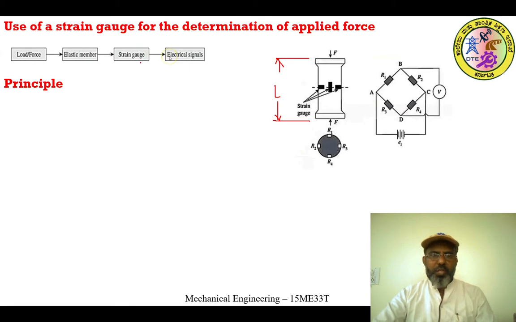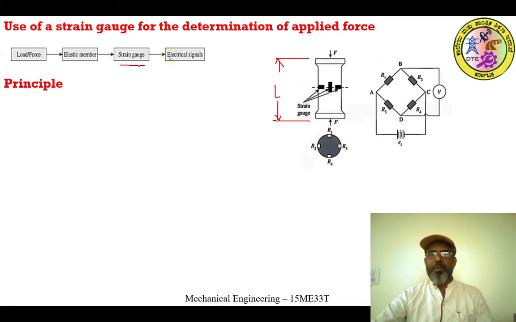And when the strain gauges are mounted on the elastic member, the cylindrical steel column, the output of the elastic member becomes the input to the strain gauge, that is, the change in deformation.